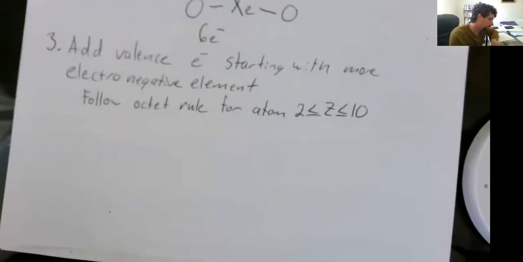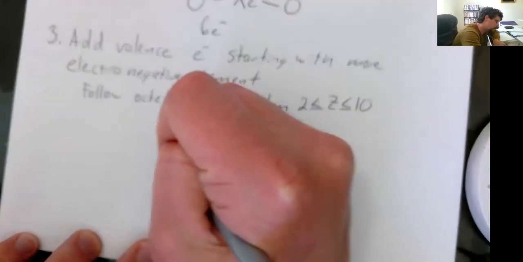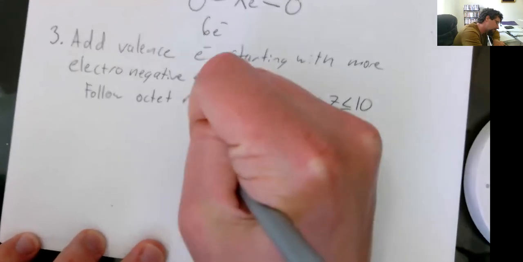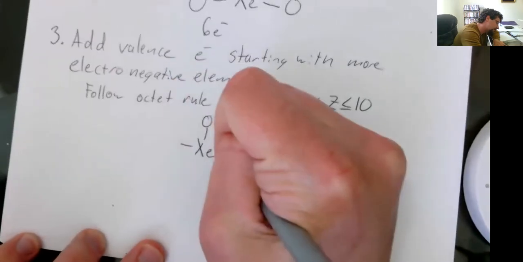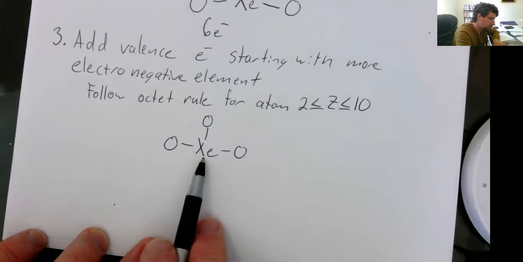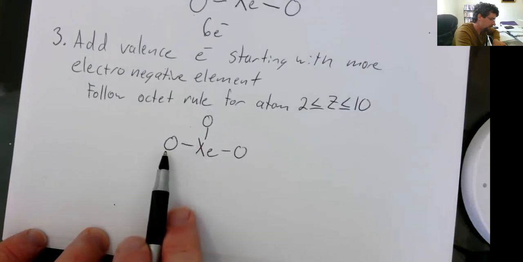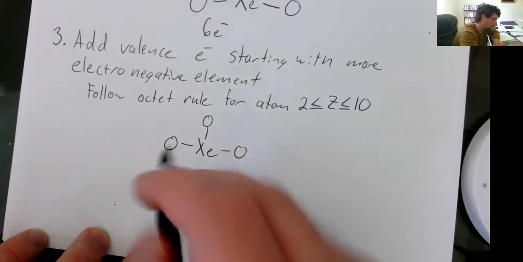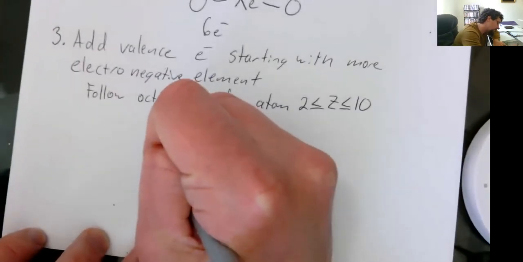So let's draw this out. We had this as our structure. Let's start plunking some valence electrons around. We have to consider which is more electronegative, xenon or oxygen. Oxygen's more electronegative, so we'll start tossing electrons there.